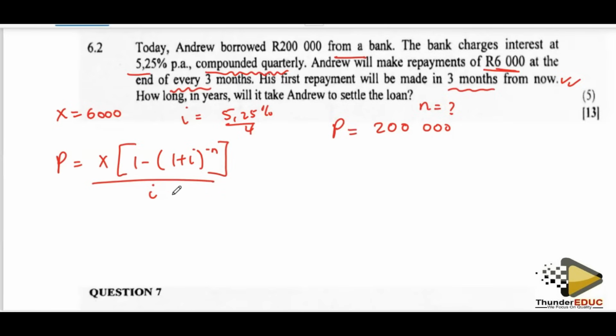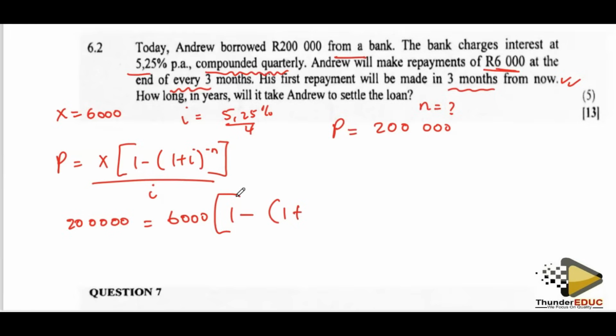So I'm going to say 200,000 is equal to the payment, which is 6,000, into 1 minus 1 plus i. I'll go the old school way, 5.25 divided by 100, which is 0.0525. I'm dividing it by 4 since the compounding is quarterly.